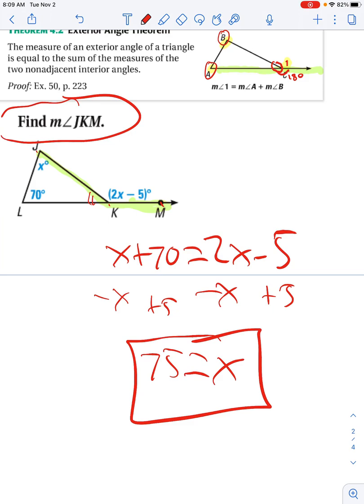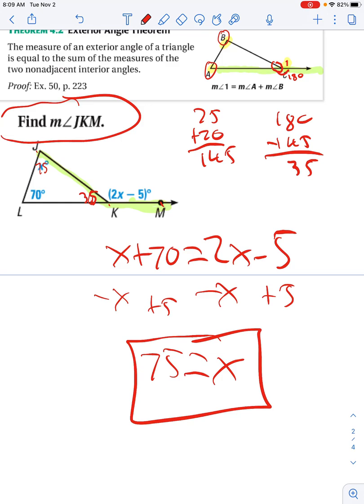Okay, so again, if this is 75 and this was 70, I could figure out this third angle. 75 plus 70 is 145. 180 minus 145 is 35.